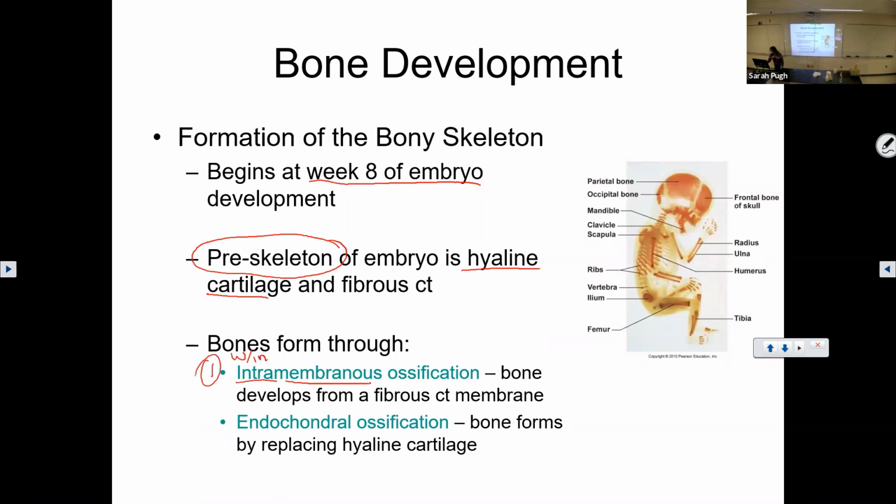The other way that bones can form in an embryo is through a process called endochondral ossification. Endo means inside. Chondro is cartilage. And so this is where the bones are going to start to form and replace the hyaline cartilage pre-skeleton. They're forming inside that cartilage. The cartilage is breaking down, and we're replacing it with bone.